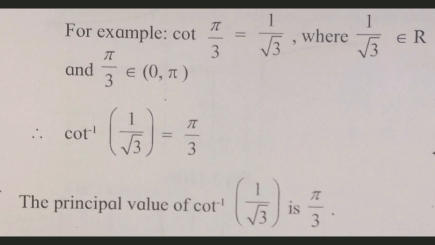As pi by 3 belongs to the principal branch of the inverse cotangent function, we can take the inverse function of the given cotangent function. Therefore cot inverse of 1 upon root 3 is equal to pi by 3. Therefore the principal value of cot inverse of 1 upon root 3 is pi by 3.